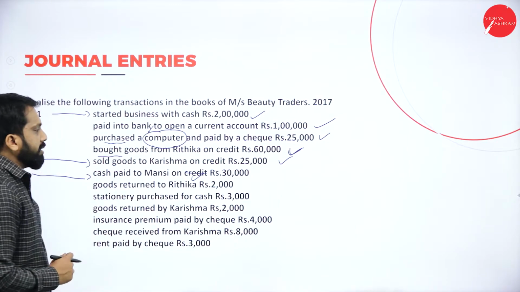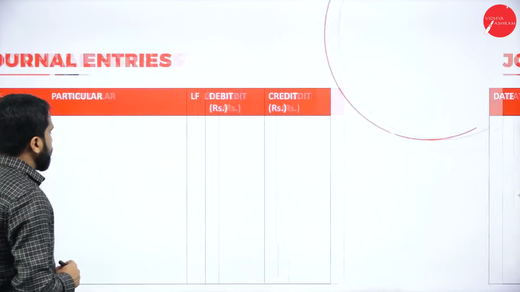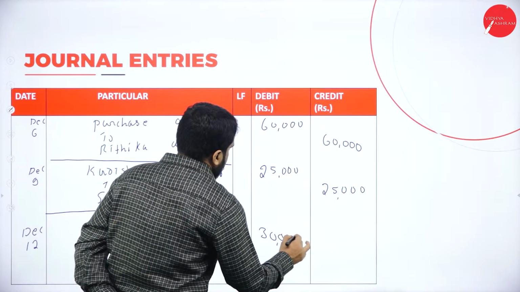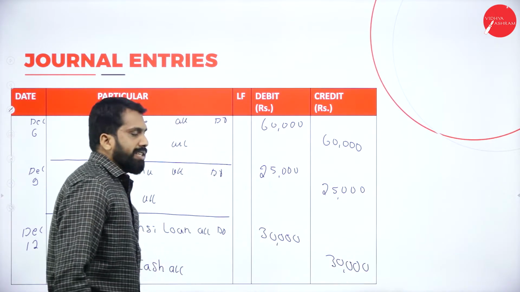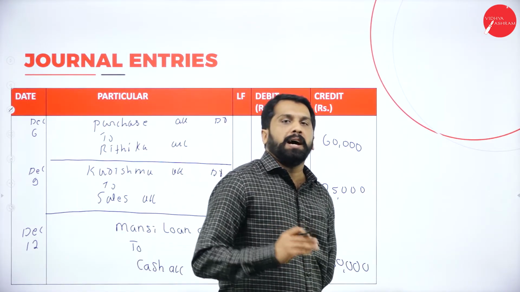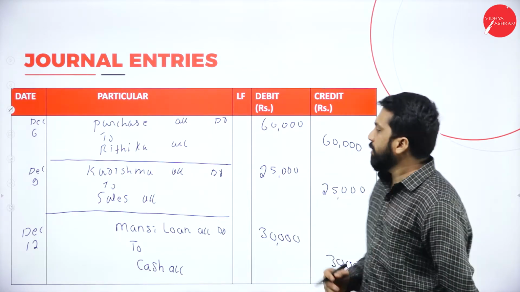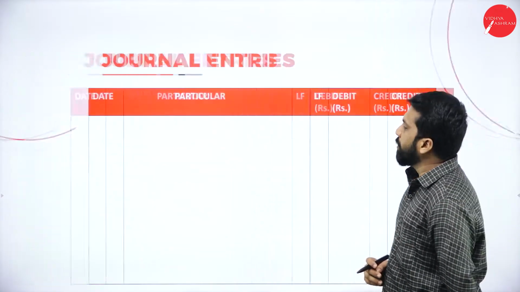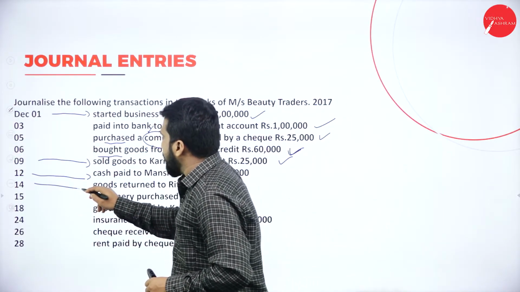The loan is 30,000. We should write 30,000. Now, this must be 30,000. Up to this, any doubt? Hopefully, up to this, there is no doubt. We'll go for the next one. So, up to December 12th, we completed. Now, what is the next one? The next one is December 14th.